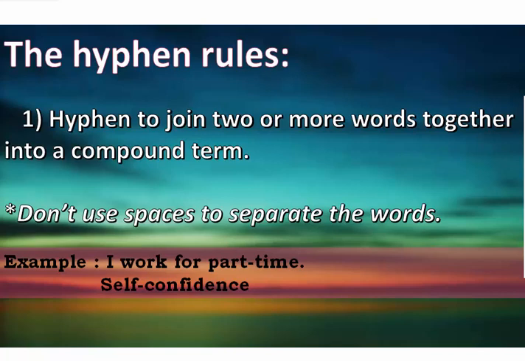Here, part is a separate word and time is a separate word. We are using the hyphen to join them and make one compound word, part-time. See the second example, self-confidence. Self is a word, confidence is another word. We are using a hyphen to join two separate words together.